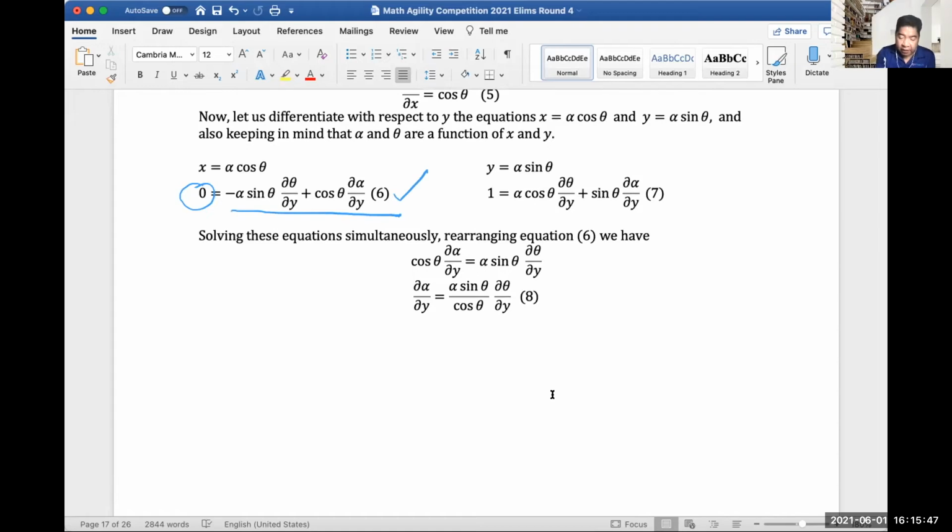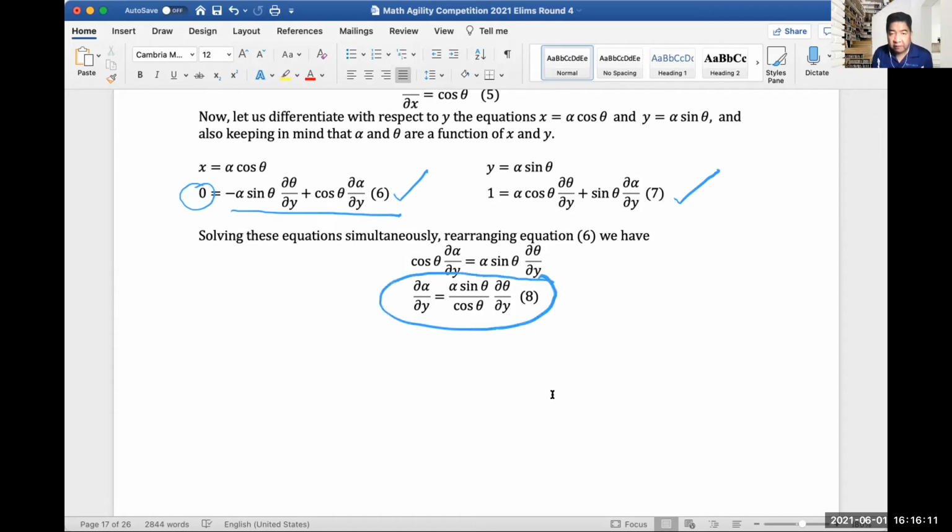On the other hand, when we get the partial derivative of y equals alpha sine theta, we have 1 equals alpha cosine theta, partial of theta with respect to y, plus sine theta partial of alpha with respect to y. That's equation 7. So solving this again simultaneously, we would get equation 8.